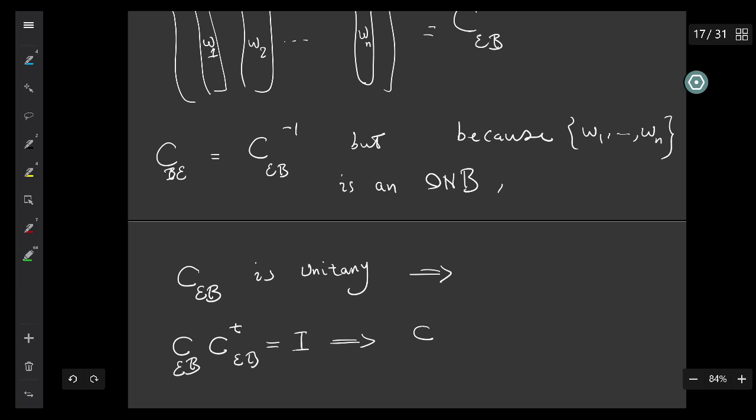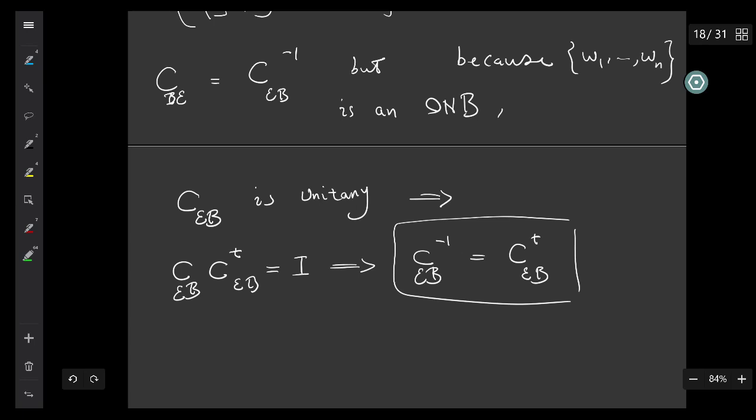Therefore, CBE is equal to the inverse, which is equal to CEB transpose. Nice. So to find the matrix CBE, we just transpose CEB.